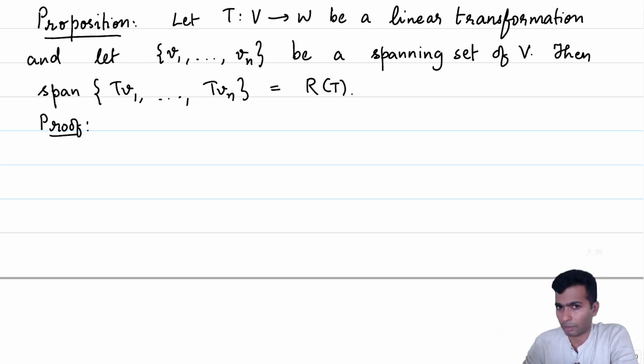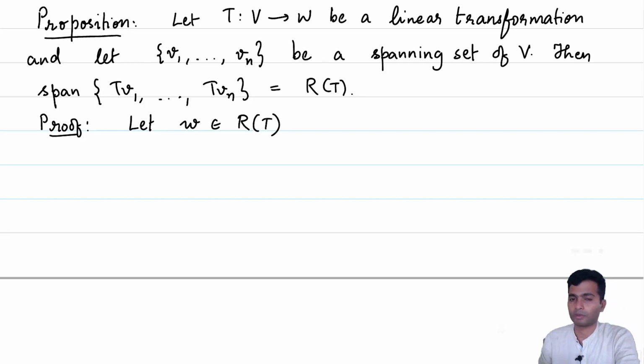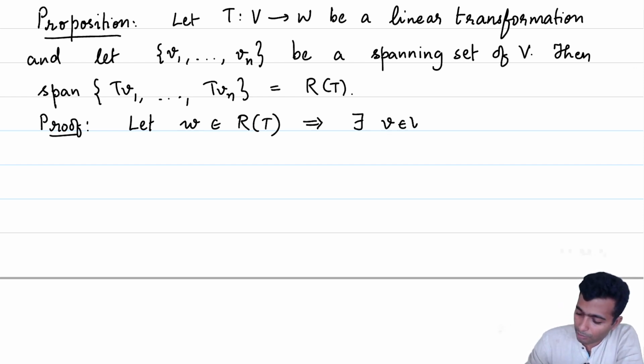We have to take an arbitrary element in R of T and show that it is in the span. So let's start with an arbitrary element. Let W be an element in R of T. What does it mean to say that a vector is in the range of T? This means that there exists a vector V in capital V such that TV is equal to W.